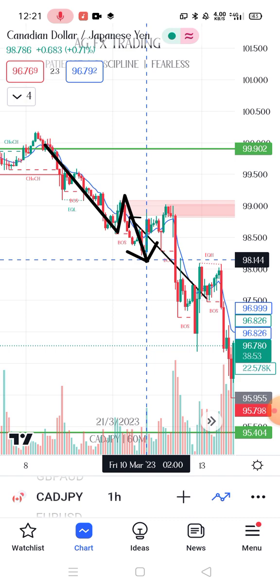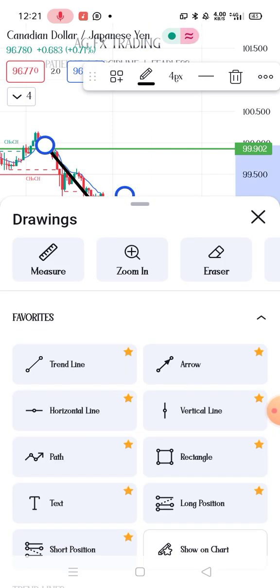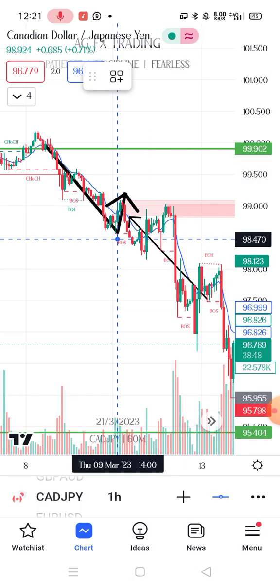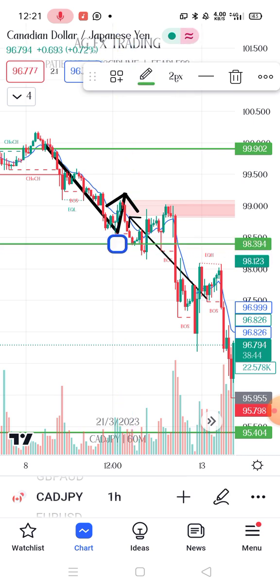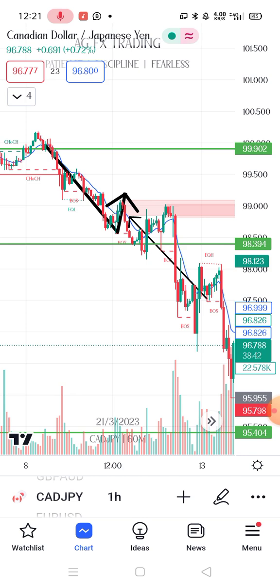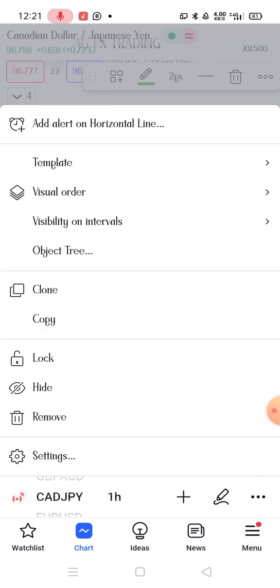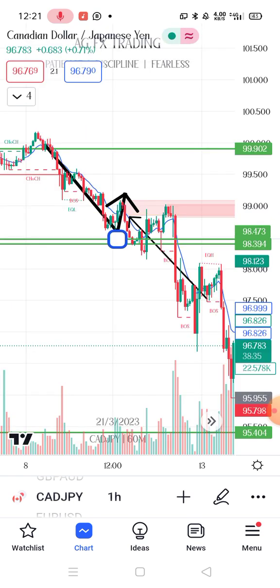Now let me show you something very quick. Now you see these red candles here, these multiple red candles. Let me clone this thing. I don't want this video to be too long. It broke this place, right?